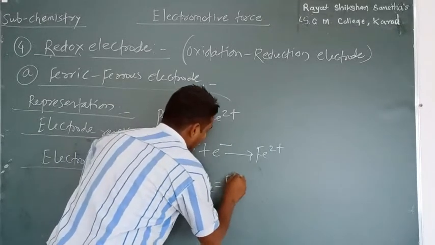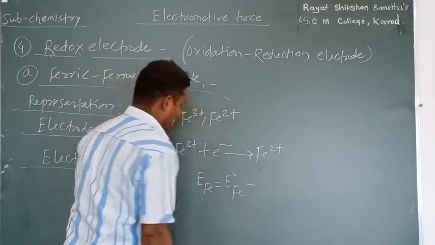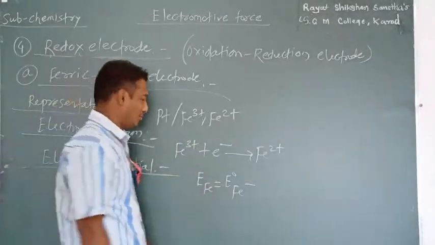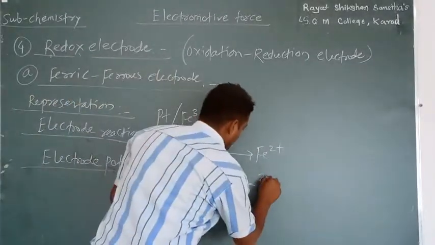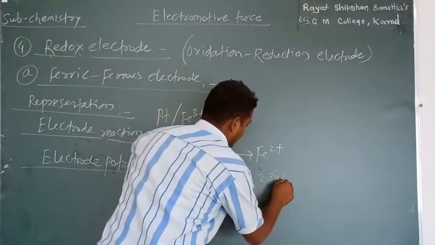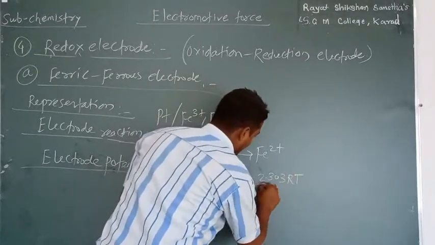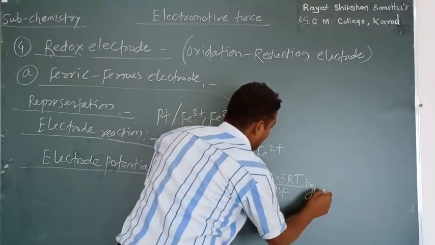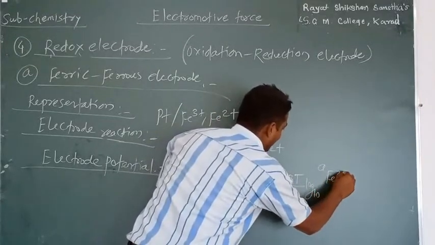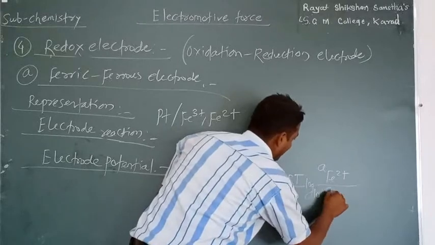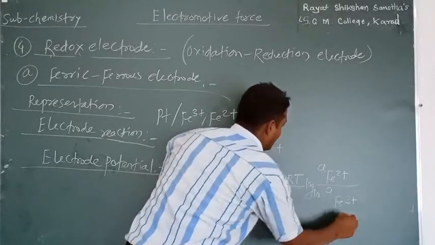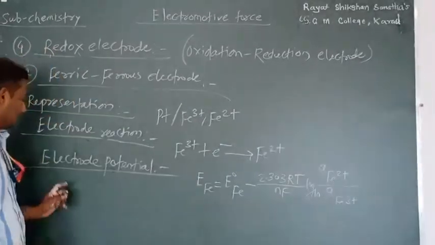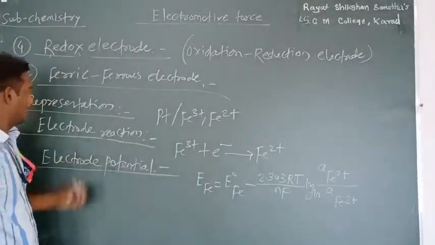E Fe is equal to E0 Fe, or you can also write E0 reduction, no problem, minus 2.303 RT divided by NF log to the base 10 activity of Fe2+ divided by activity of Fe3+. This is the electrode potential.